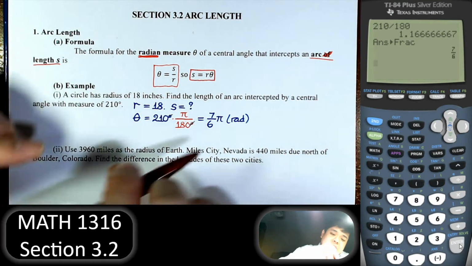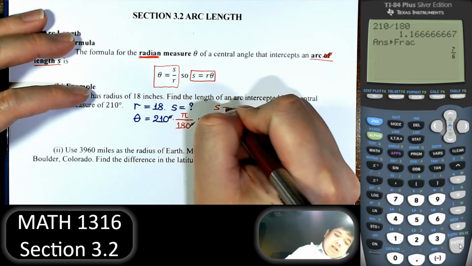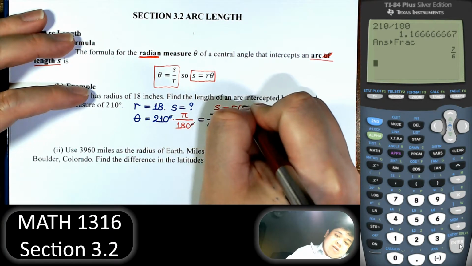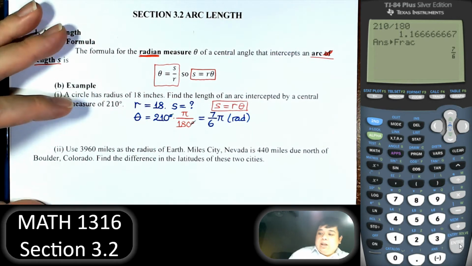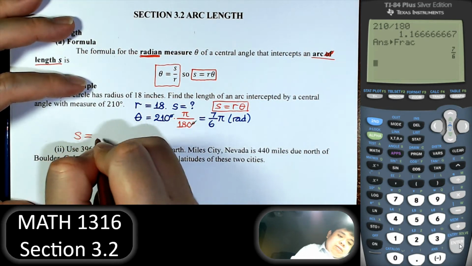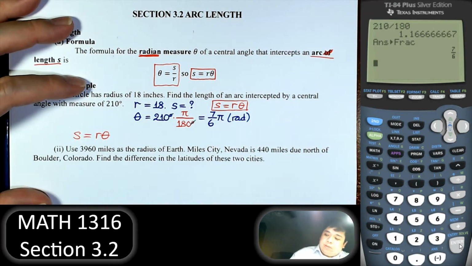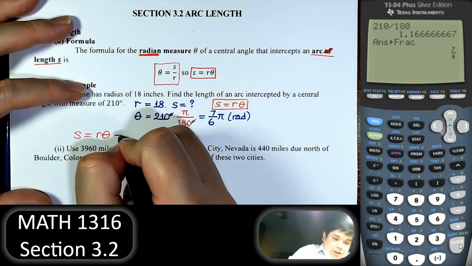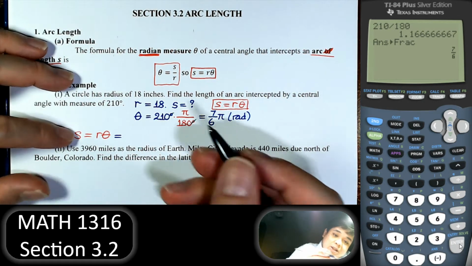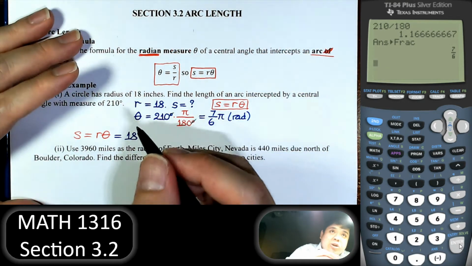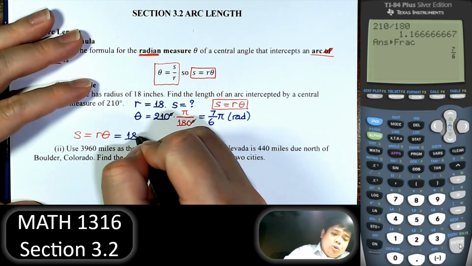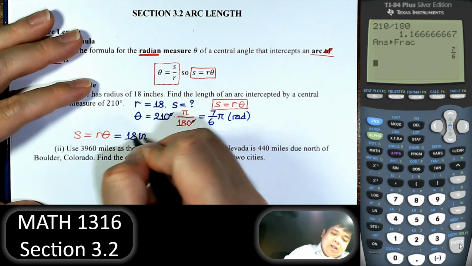And finally, the arc length is equal to the radius times the angle measured in radian. So we just do that. The radius is 18 inches. Worry about the unit in a minute, or here we can just put the unit if we want to. 18 inches.